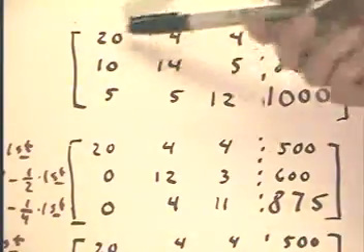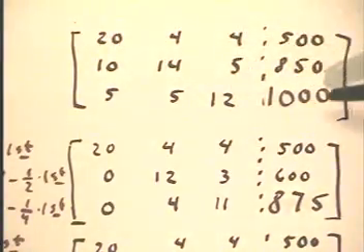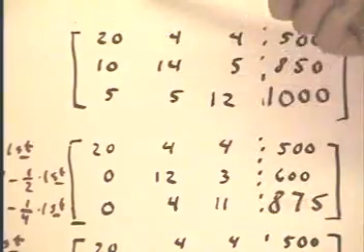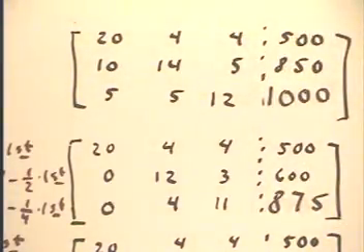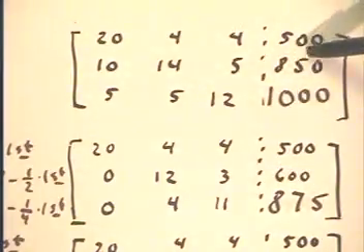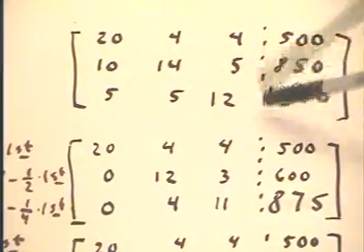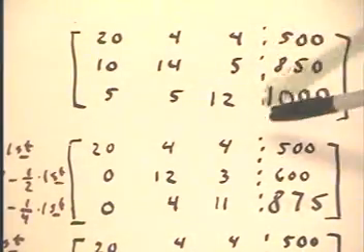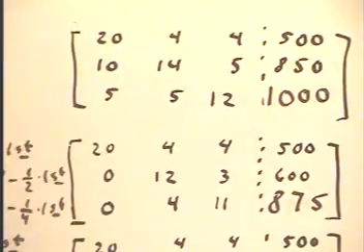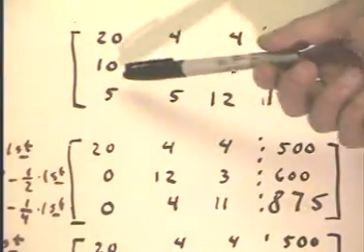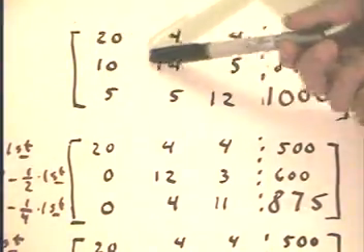Now notice we have a system that represents three equations and three unknowns. The unknowns might be x, y, and z, or x1, x2, x3, and this dotted line separates the two sides of the equation, and these are the numbers on the right-hand side. Upper triangular form means we want zeros below the main diagonal.